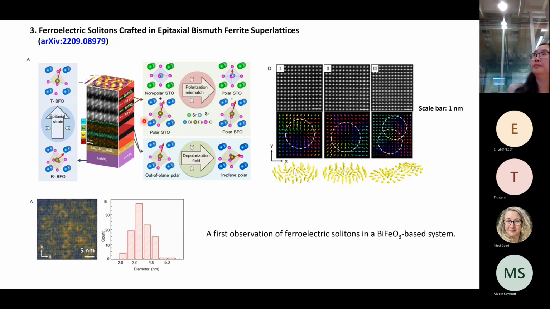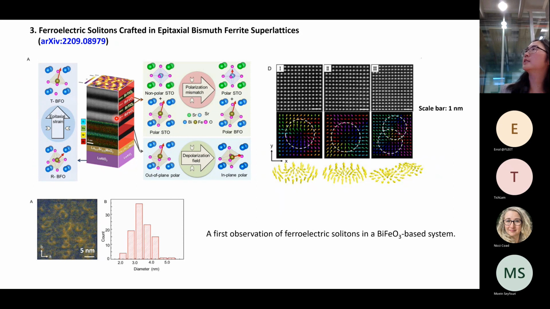In these conditions, because we use LAO, which has a much smaller lattice parameter, it provides stronger epitaxial strain. This stabilizes it, or tilts its out-of-plane polarization towards the 001 orientation.